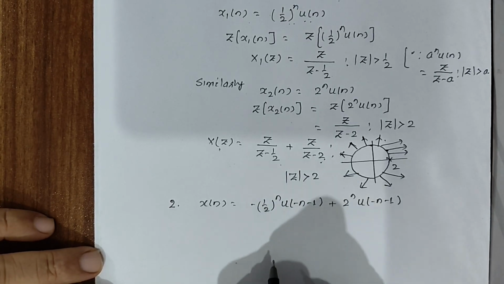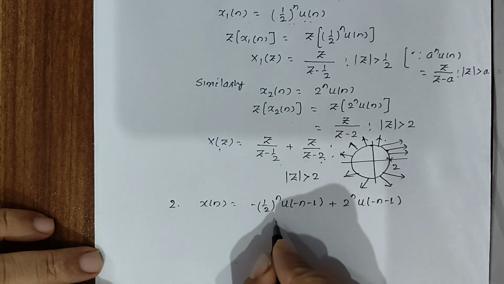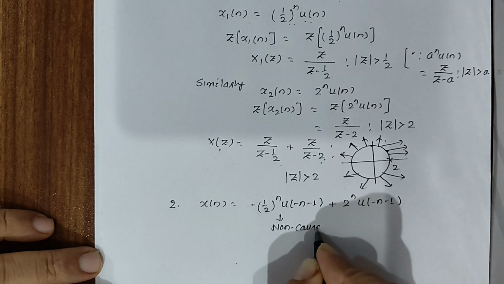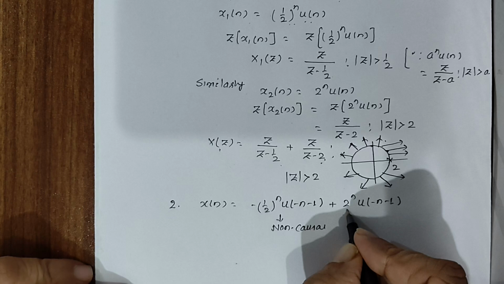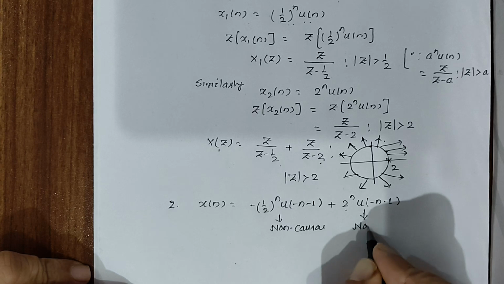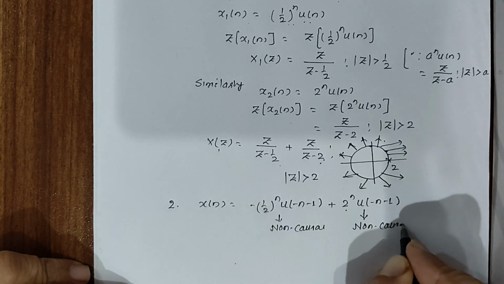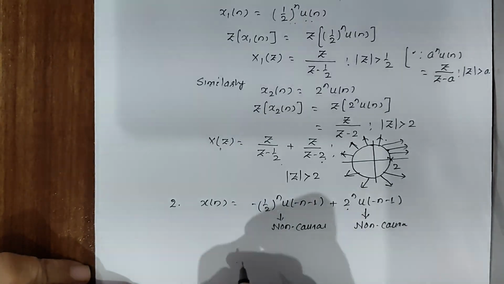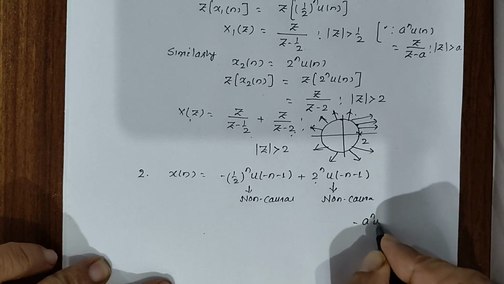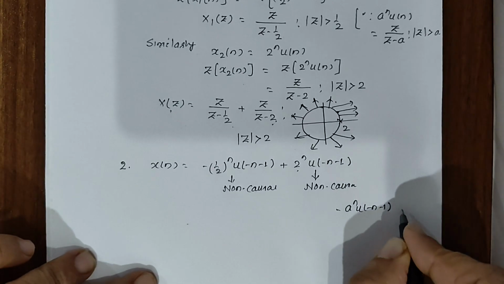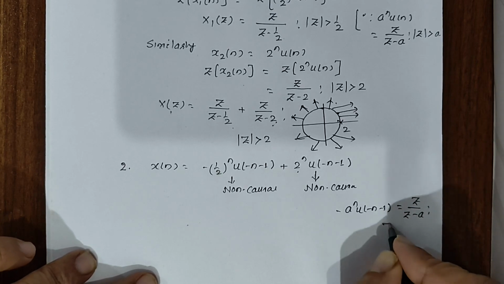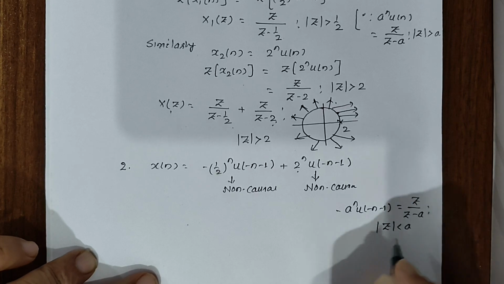If you see this sequence, this is non-causal, since 2^n is multiplied with u of minus n minus 1. And we know that minus a^n u of minus n minus 1, the Z transform is z upon z minus a with ROC mod of z less than a.